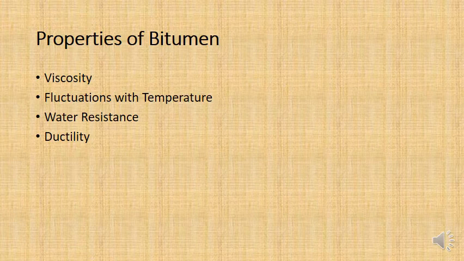But there are other properties. Viscosity we'll be talking about, and also fluctuations in viscosity with temperature. And then the final property we're looking at is a property called ductility. That's about how stretchy a bitumen is, and that's got an important property to play too in asphalt road surfaces.